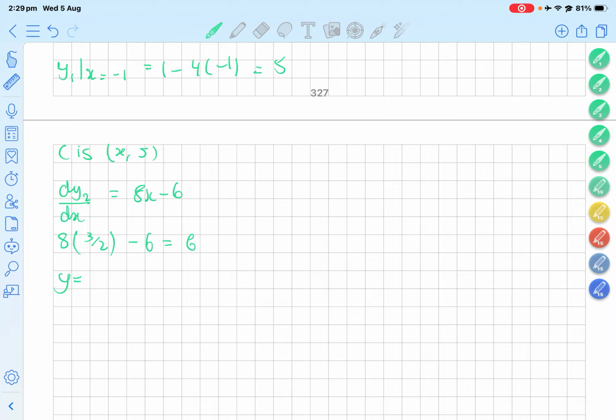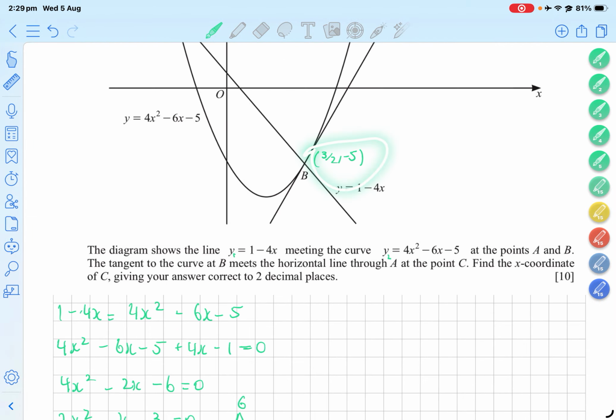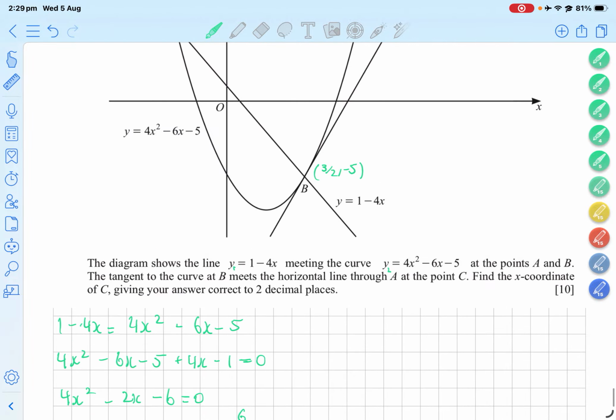Putting it into y equals mx plus c, y equals 6x plus c, and then I can put in the point 3 upon 2 comma minus 5. So minus 5 equals 6 times 3 upon 2, which is 9, plus c, so c equals minus 14. So y equals 6x minus 14.